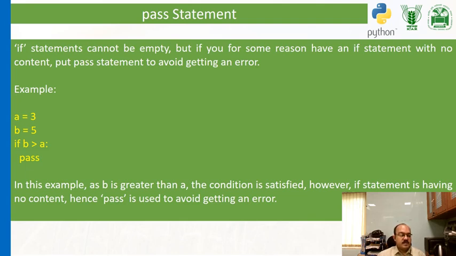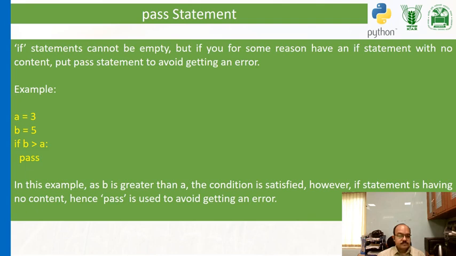We know that if statements cannot be empty. But if for some reason we have an if statement with no content in it, then we can use the pass statement. Like in this example, A is equal to 3, B is equal to 5, if B greater than A. So that is true, 5 is greater than 3.